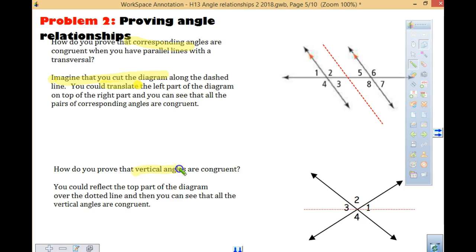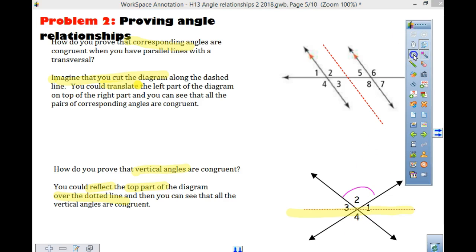How do I know vertical angles are congruent? If I would reflect on this dotted line, the top part is going to match up and go right over that bottom part, and the angles would be the same measure. So if I have angle 2, when I look at my picture, if I fold it over this line, I'm going to be able to see it match up exactly with angle 4.